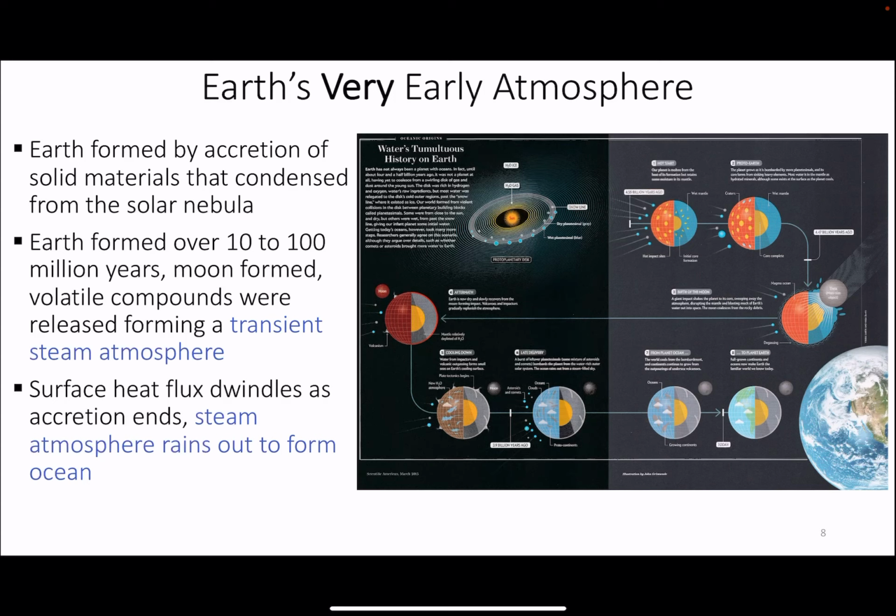And a lot of volatile compounds were released, and this is the first atmosphere that Earth would have had, and it would have been a really short-lasting steam atmosphere. As the accretion slowed down, the heat flux dwindled, and that steam atmosphere rained out to form the ocean, right? So that's a quick guide to how we got an ocean.